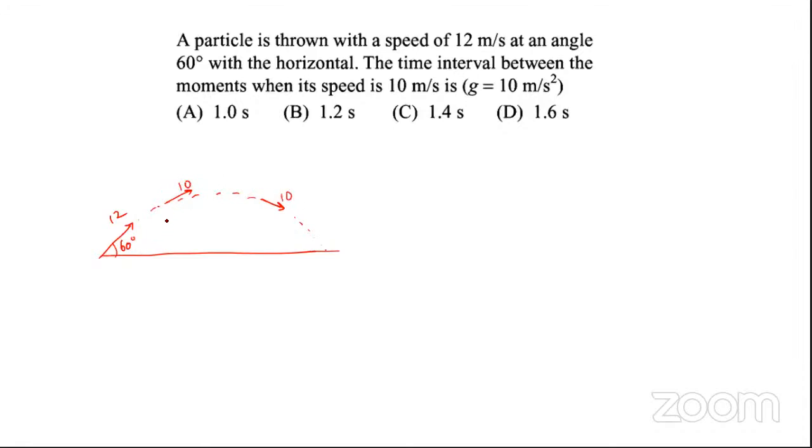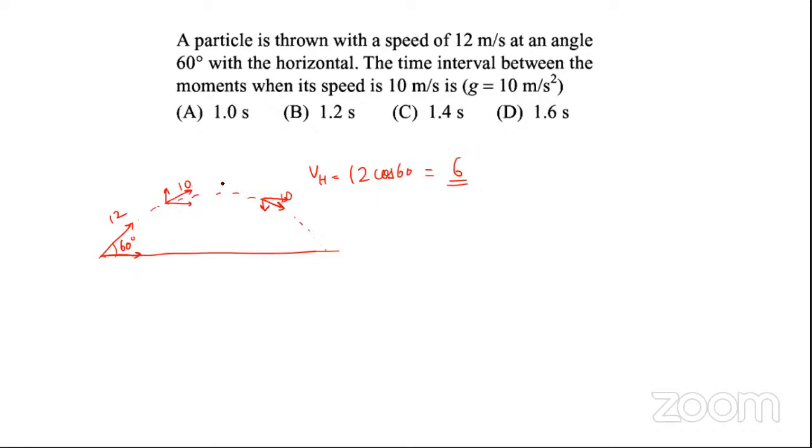So what we know is the horizontal component is always the same. So horizontal component for all three of them will be same, and in the first and second the vertical components will be same in magnitude and opposite in direction. So the horizontal component will be equal to 12 cos 60, this VH, that is 6.